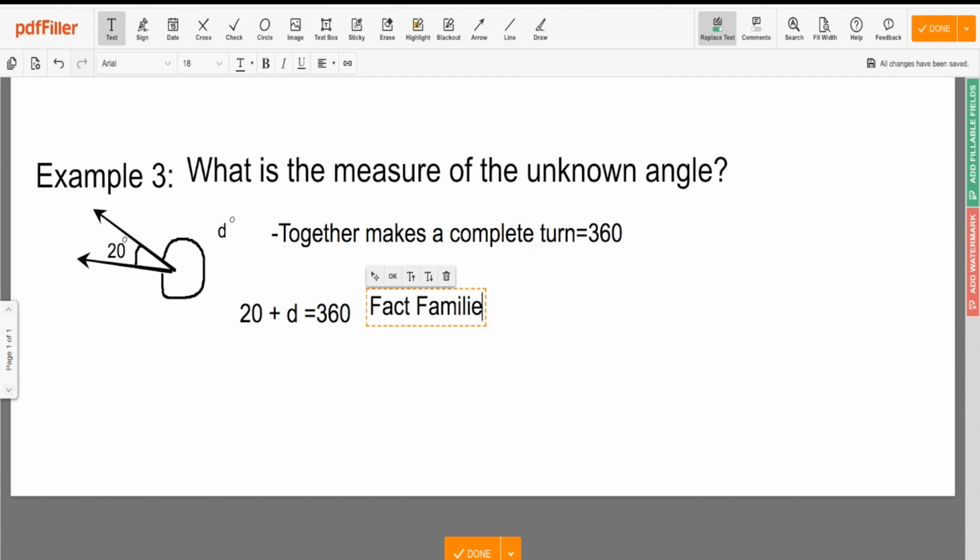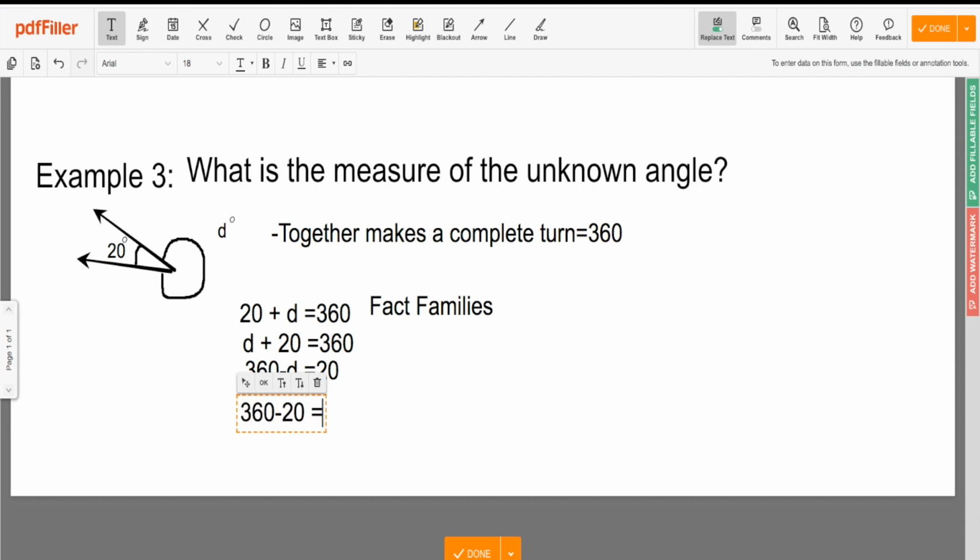Now we need to use our fact families to solve for D. D plus 20 equals 360 is our second addition equation. Starting with our total for our subtraction equation, it would be 360 minus D equals 20, or 360 minus 20 equals D. Which equation are we going to use to solve for D?